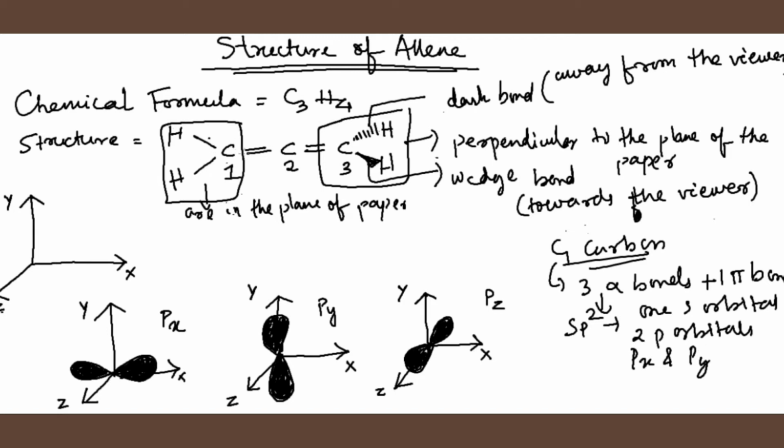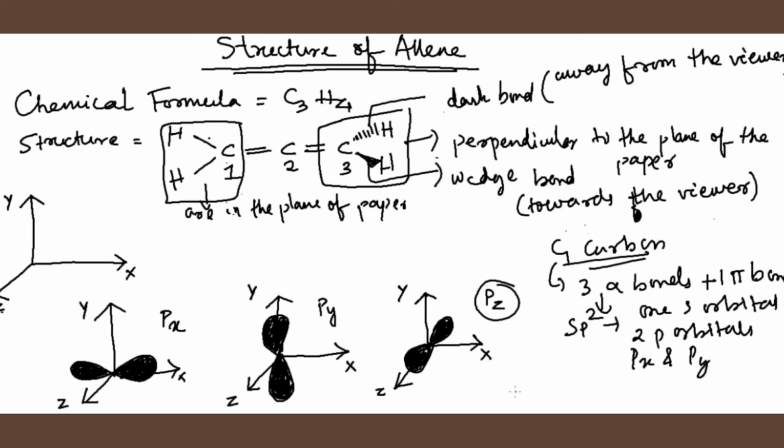Now there is another bond here. This is the pi bond. So which p orbital is now left behind? Of course it is the pz orbital. So now the pz orbital will undergo pi bonding with the pz orbital of the C2 carbon.